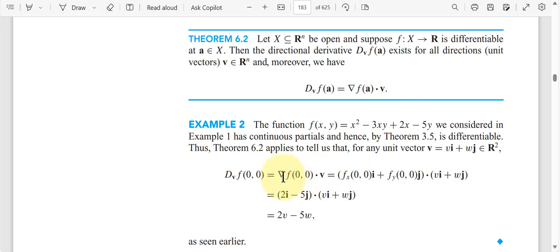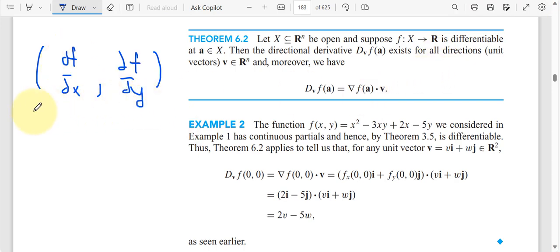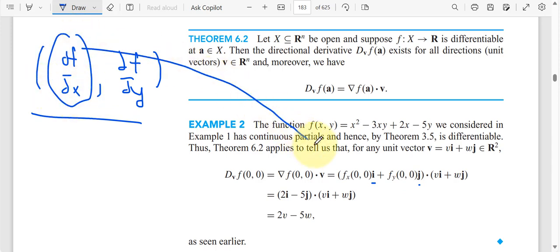The gradient, remember we wrote it as a vector, but any vector we can always rewrite using i and j, putting these things in front of the i and the j, and that's what they've done, but they're doing it specifically at 0, 0.